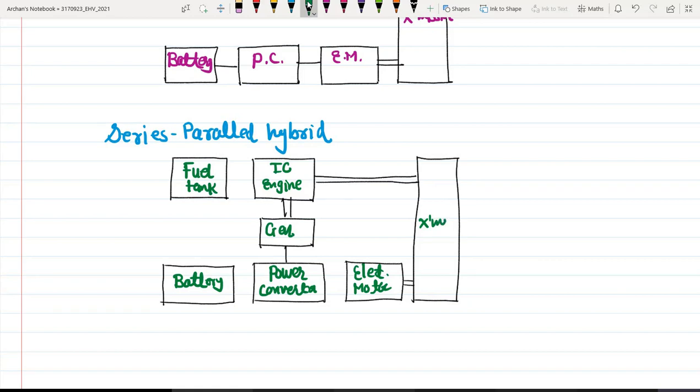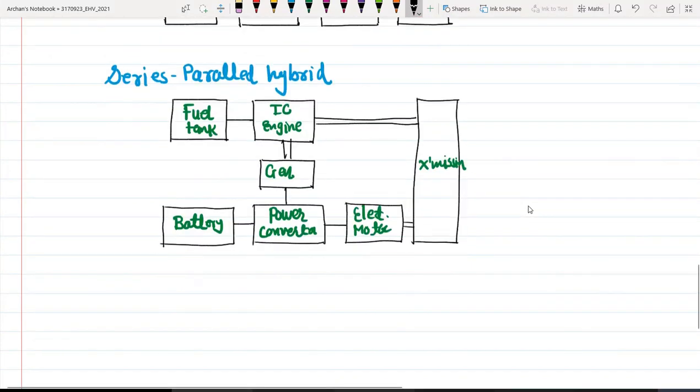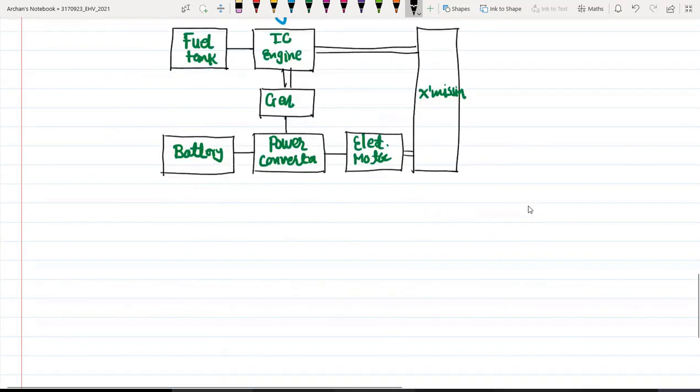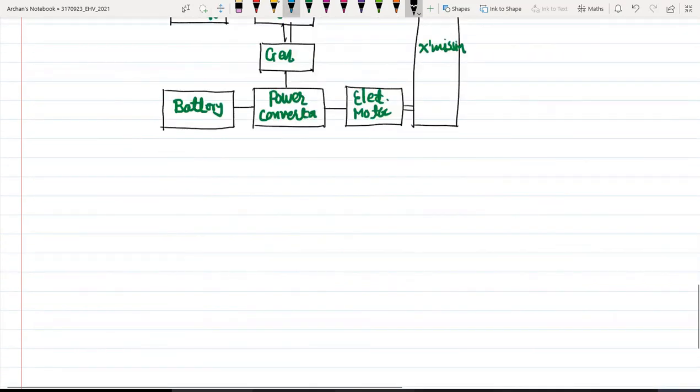This is my transmission system, right? So series hybrid vehicle and parallel hybrid vehicle both are combined together, and that will create one series parallel hybrid electric vehicle. So this is our third architecture of hybrid electric drivetrains, and the fourth architecture is known as complex hybrid. Now let us see what we mean by this complex hybrid.